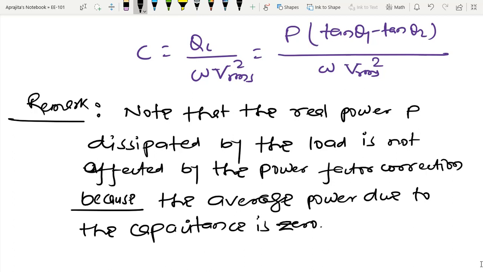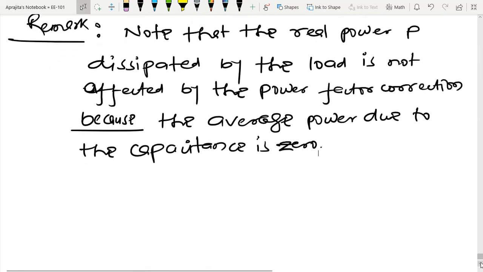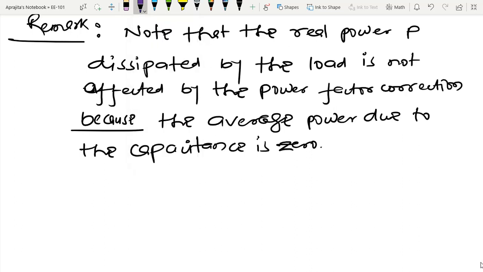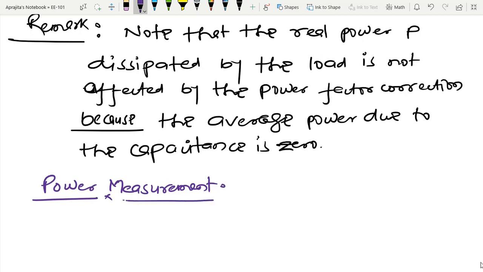So let us write a comment about the power measurement, and after that I will close today's class, and using some notes I will convey how this wattmeter works, because now I am going to close this part of the course related to power analysis, and shift to the next part of this course, related to the Laplace transform.